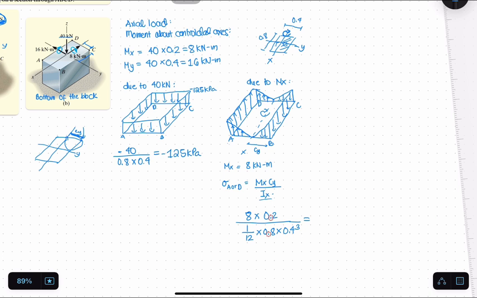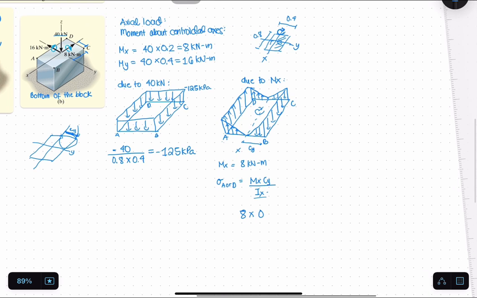And you will have 0.2 over 1/12 base na 0.8 times 0.4 cube equals 375.